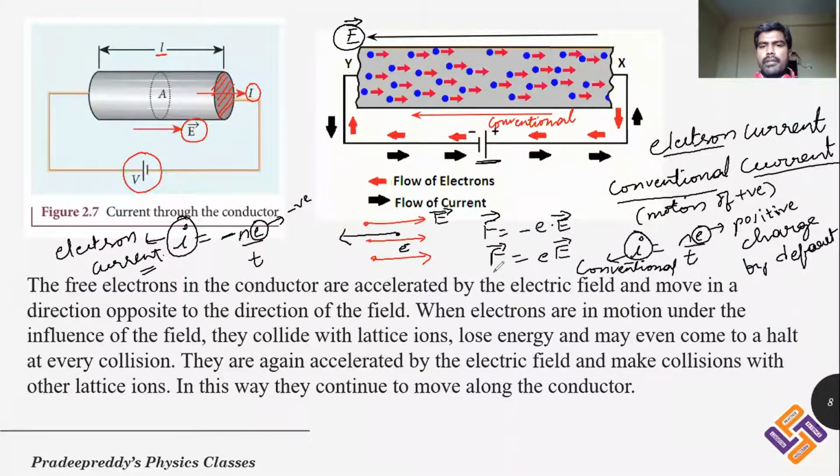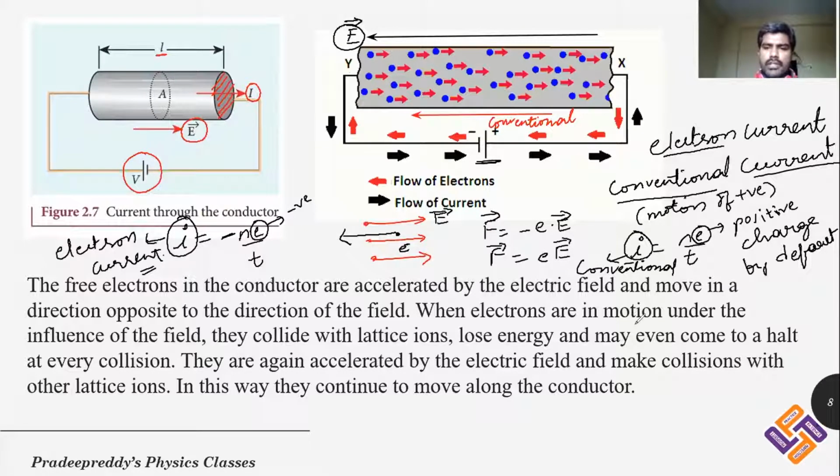Now what happened when you are connecting a conductor to a battery? What would happen? As I told you, these electrons are drifted in opposite direction to that of electric field. So as arrow marks is being indicated over there, electrons are moving from negative terminal to positive terminal.